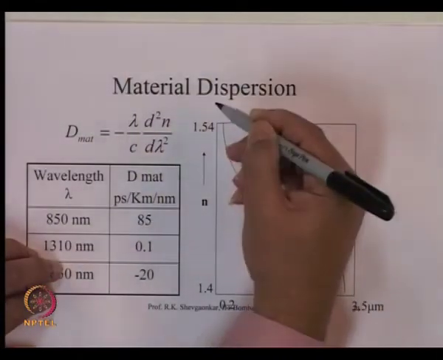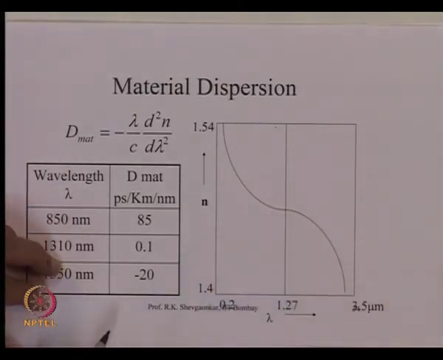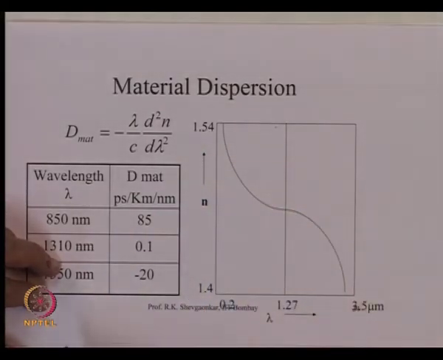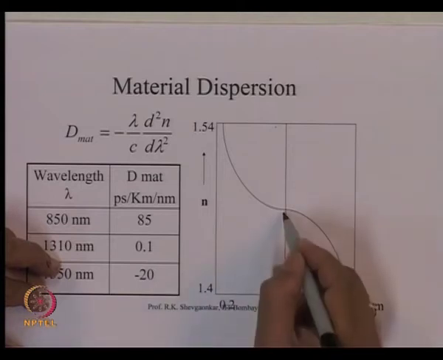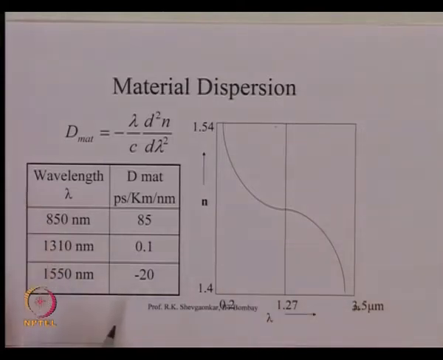So if I look at this variation, you see this function has a curvature like this, whereas here the curvature is opposite, it is something like this. So the curvature changes sign from this to this at this wavelength, which is 1.27 micron or 1270 nanometer.